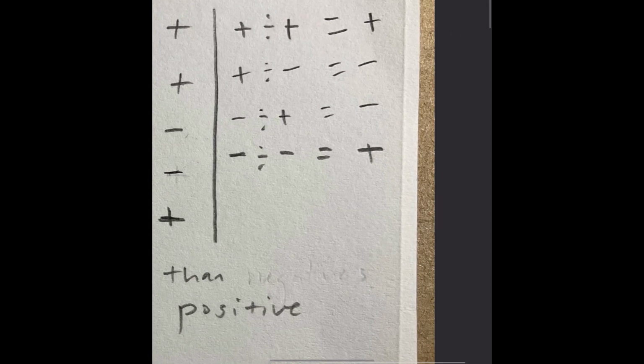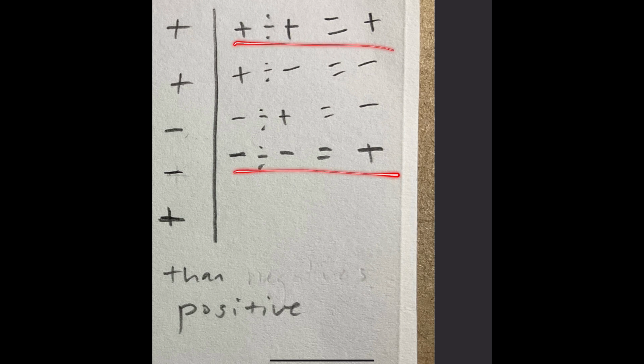Now let's take a look at this part. We're dealing with division this time. A positive divided by a positive is a positive. A positive divided by a negative is a negative. A negative divided by a positive is a negative. And lastly, a negative divided by a negative is a positive. So whenever you're dividing and you have the same signs, the answer is going to be positive.